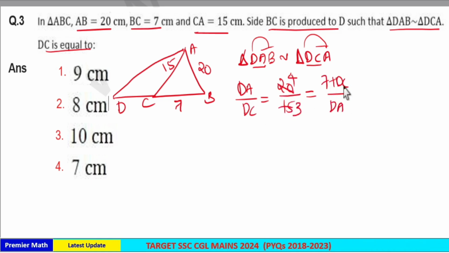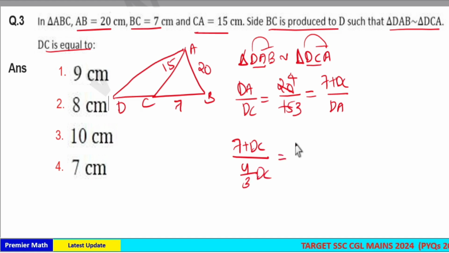And 7 plus DC by DA is equal to 4 by 3. Now from this relation, DA is equal to 4 by 3 DC.